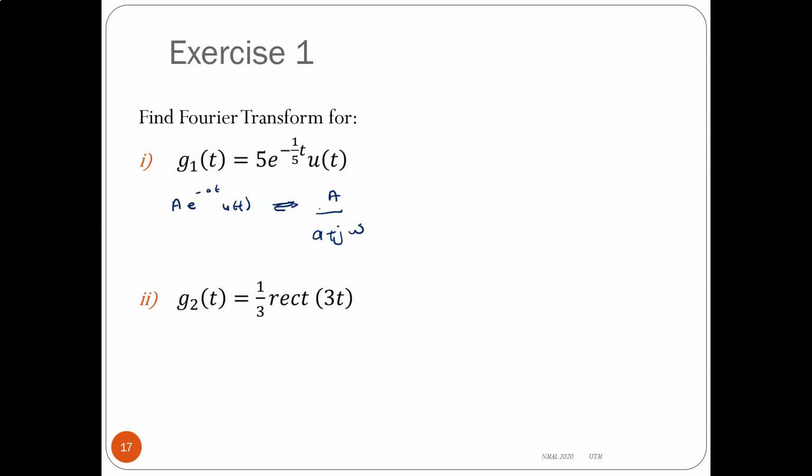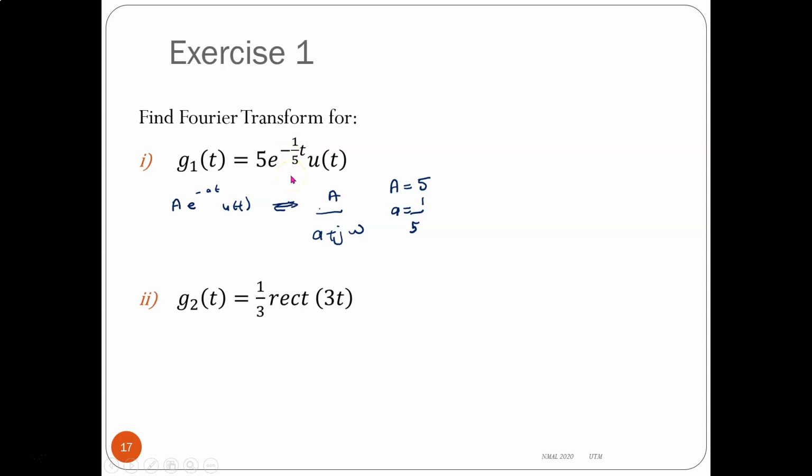For this example, capital A is 5, and small a is 1 over 5. Not negative 1 over 5, because in the original form it is already negative. So we just take a as 1 over 5.